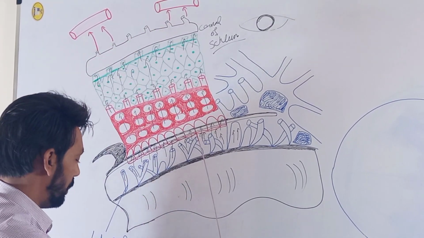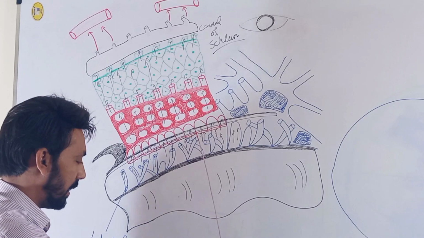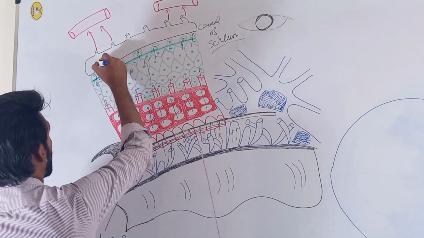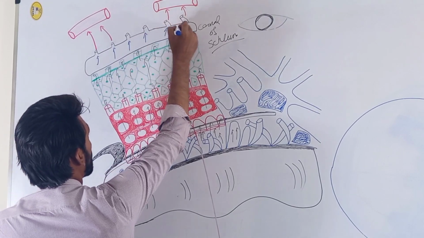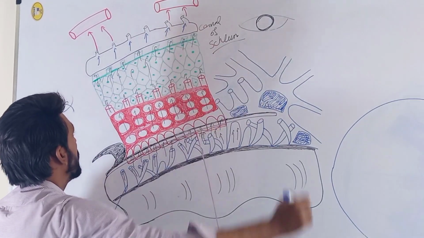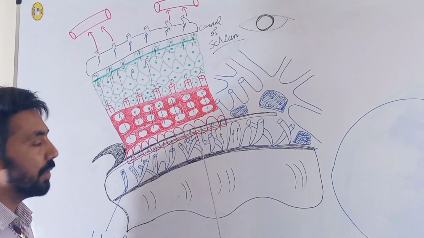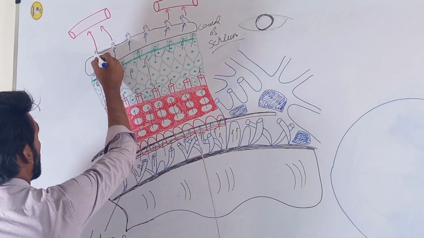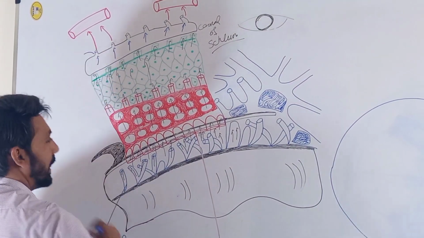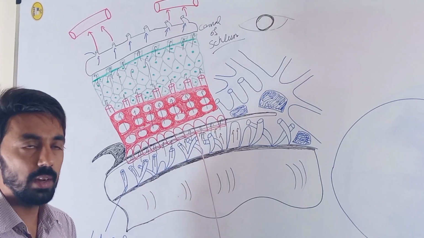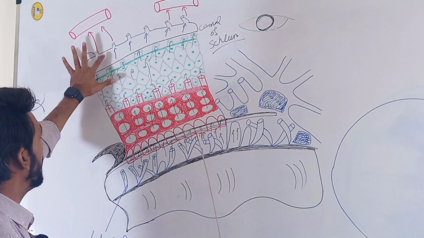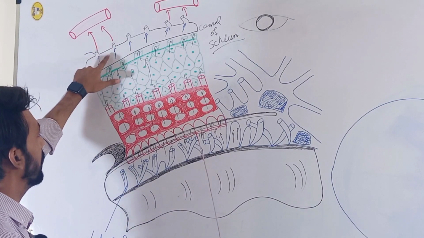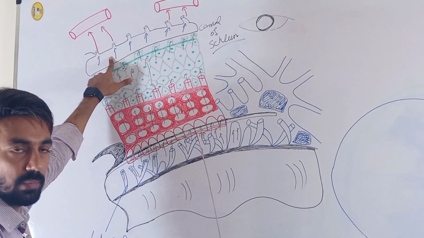After rushing into the Canal of Schlemm, there are other structures that welcome the aqueous humor, called the collector channels, right? The collector channels are the channels that join the Canal of Schlemm.